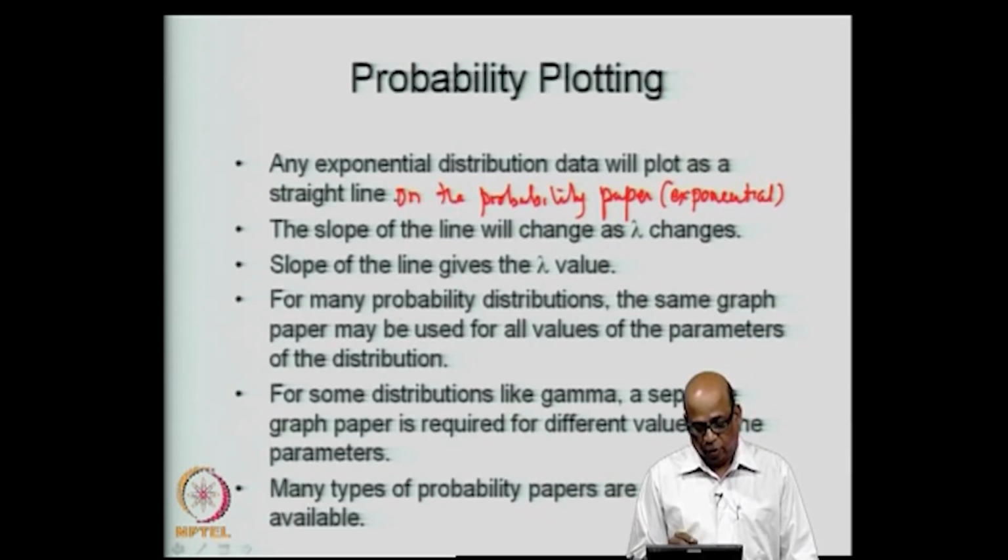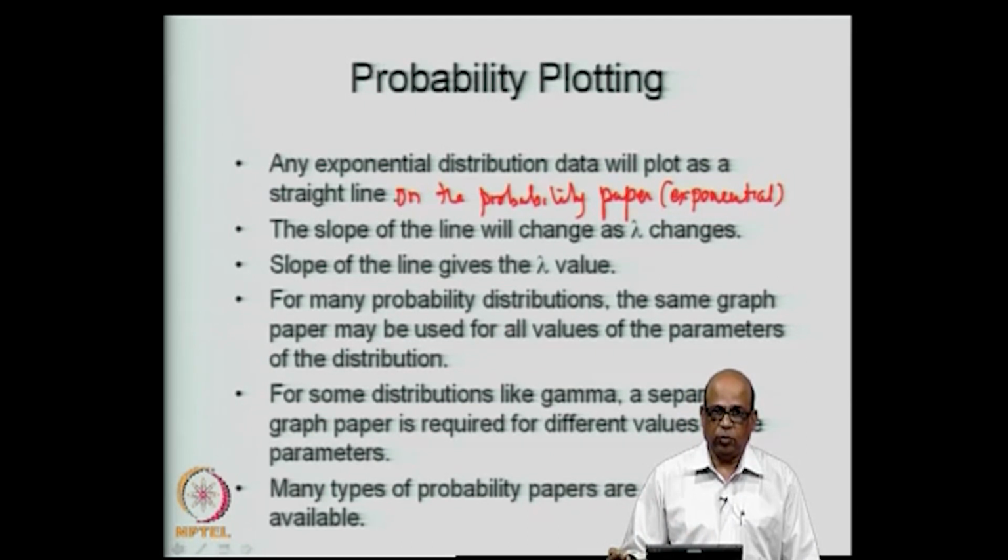Then, as I have mentioned, for many probability distributions such as the exponential distribution, the same probability paper can be used for different parameter sets. However, for distributions like gamma distribution, a separate graph paper is required for different values of the parameters.